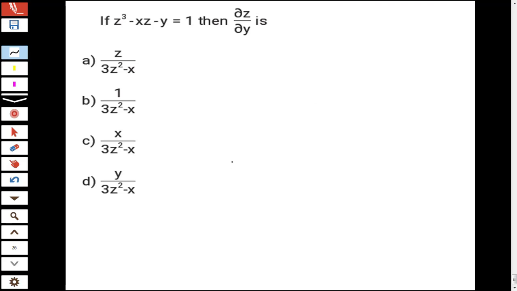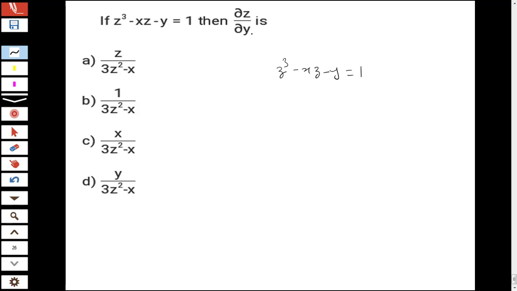Next, it is z cube minus xz minus y equal to 1. Now it is an implicit type, but we will not apply the concept of implicit function. Whatever derivative we want, del z by del y, we will treat x as a constant because z is the dependent variable. There are two independent variables x and y.